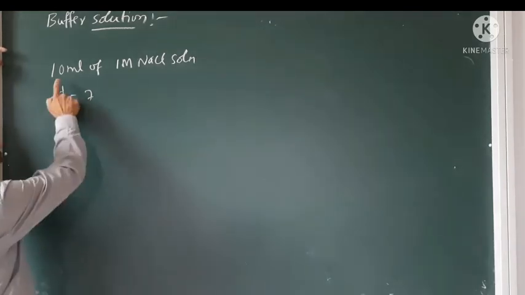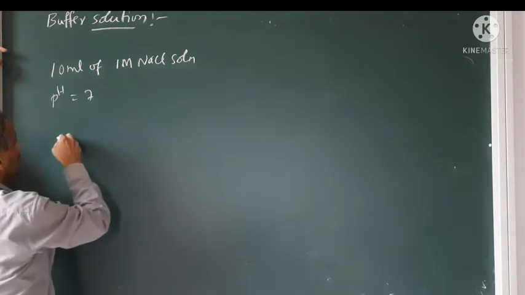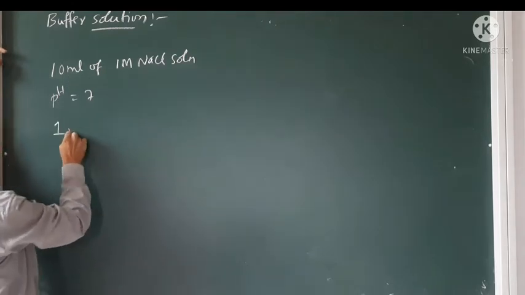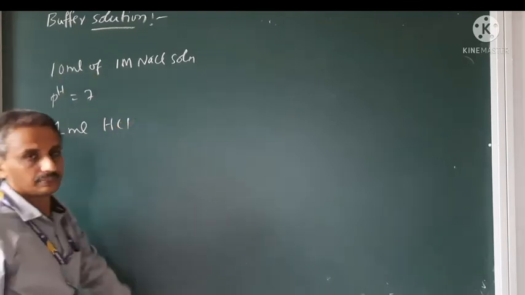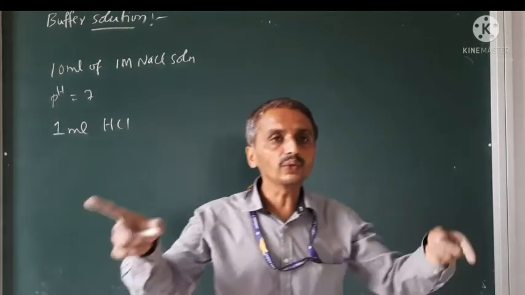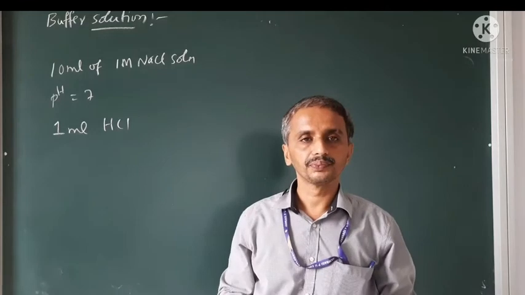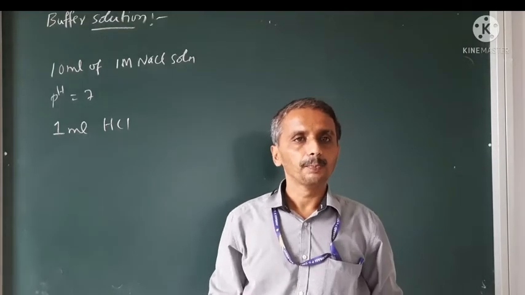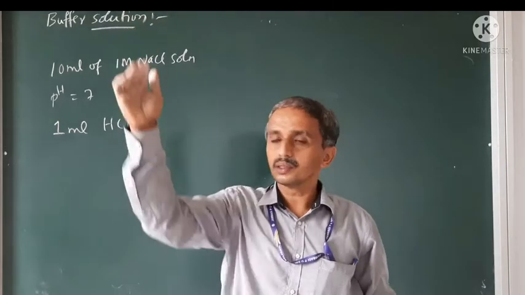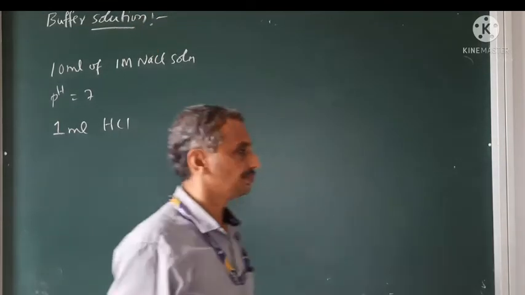Now what I do is, for 10 ml of 1 molar NaCl, I will add 1 ml of HCl. What will happen to the pH? Whether the pH remains the same, pH increases or pH decreases.